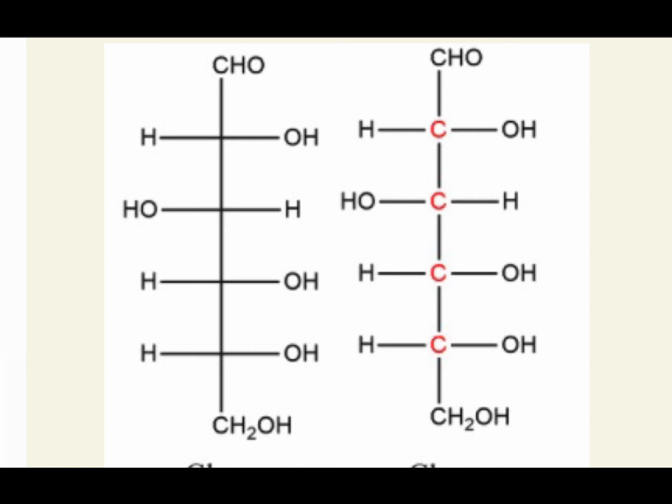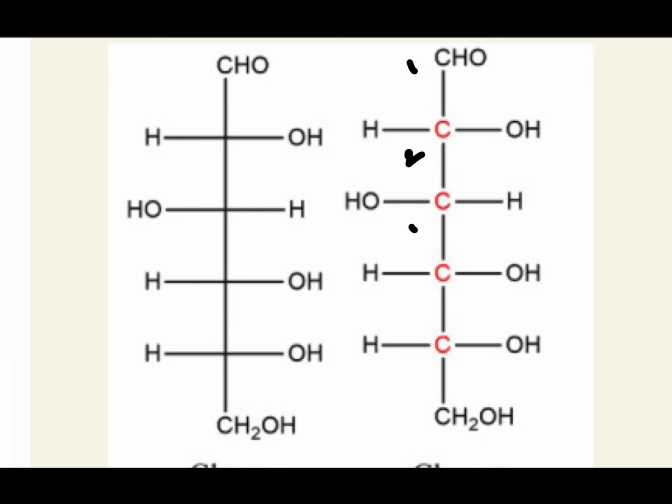Here are carbons 1, 2, 3, 4, 5, 6. All the carbons which are spotted red colored are chiral atoms. Why though? Let's figure it out. Why is this carbon not a chiral atom? Let's consider them to be 1, 2, 3, 4, 5.